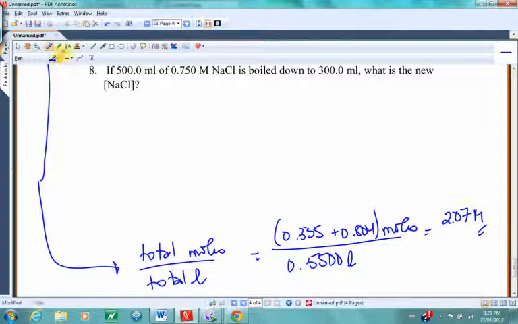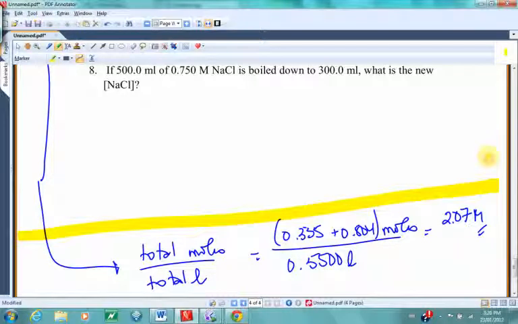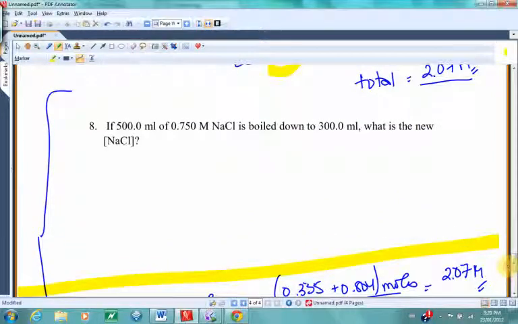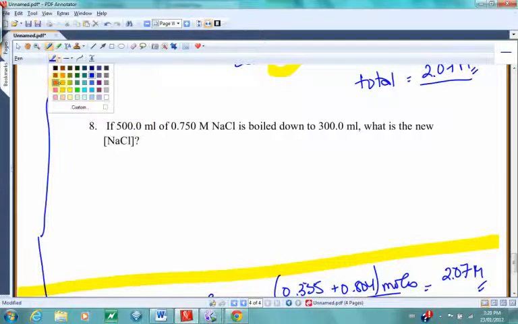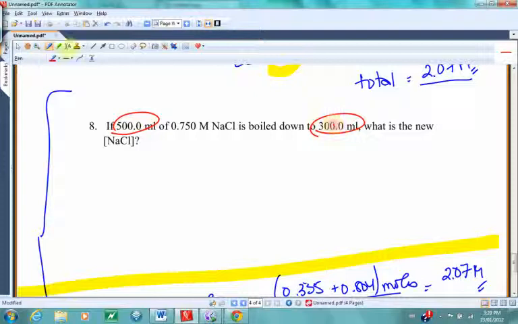So going back, with this one, we have a volume and a new volume. So the easiest way to do this, I would think, is to do NaCl concentration new is equal to 500.0 milliliters over 300 milliliters times 0.750 molar.